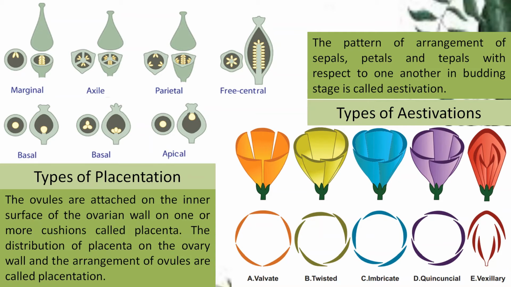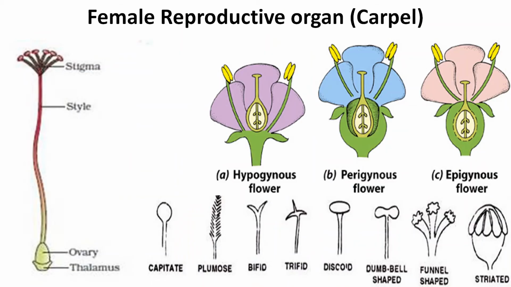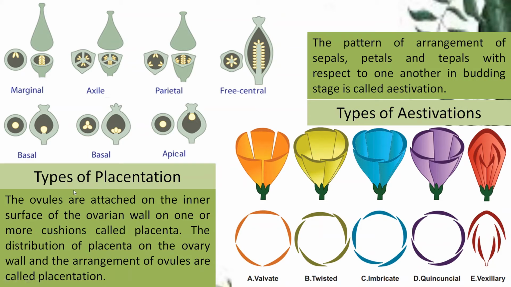Now moving to the next portion, that is estivation and placentation in the flower. You know, when the ovary, see, this is the placentation. In the ovary actually it happens. So what is placentation?